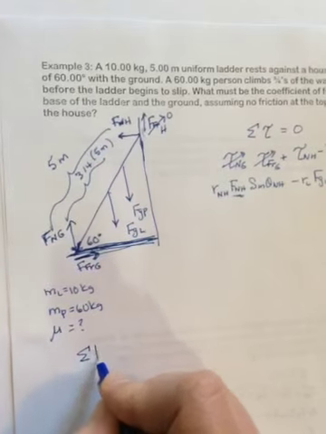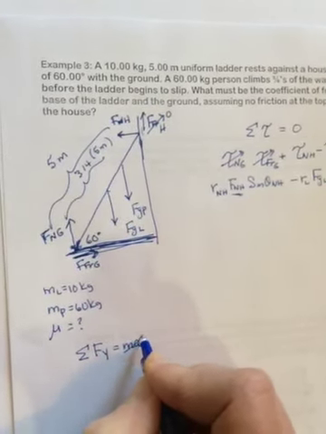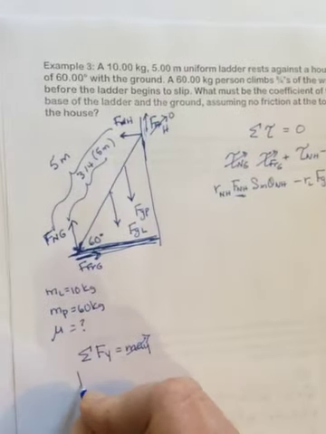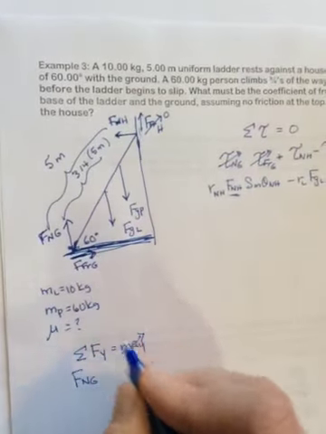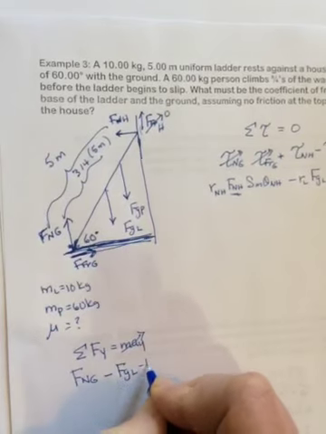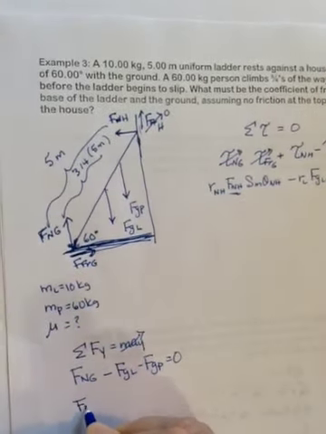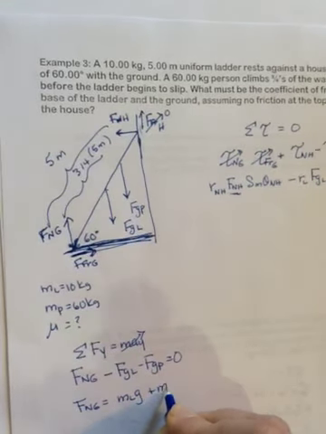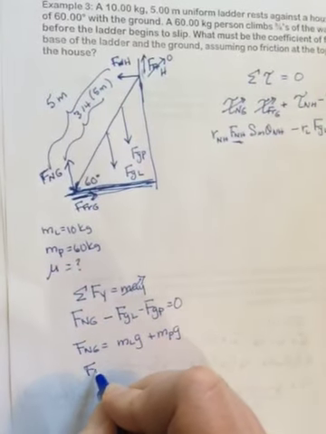So you could have started with the sum of the forces in the y equal to m a y, and there's no movement in the y. And so it would be F normal of the ground, and it's positive, minus FG of the ladder minus FG of the person equals 0. And so F normal of the ground will equal M of the ladder G plus M of the person G. Why do we care about F normal of the ground?